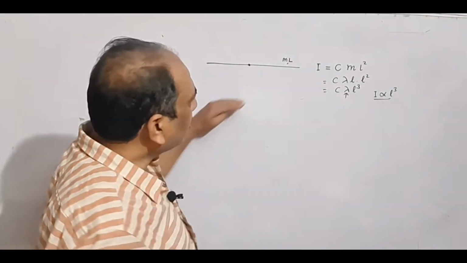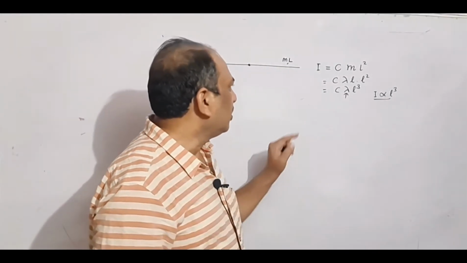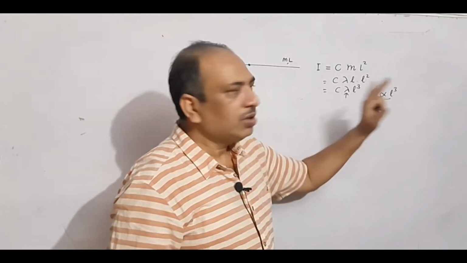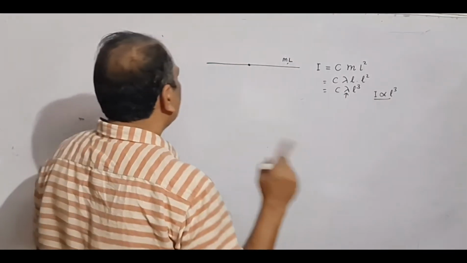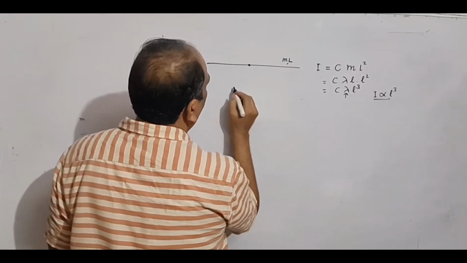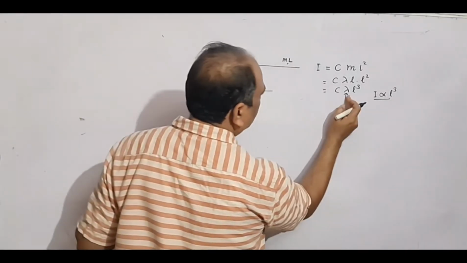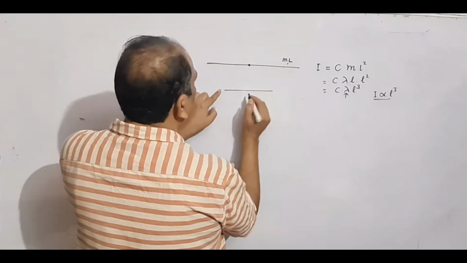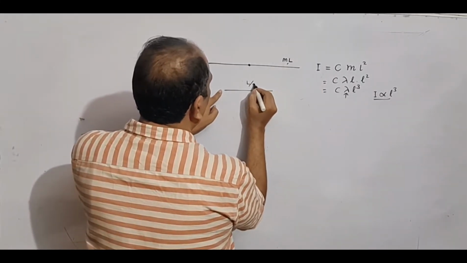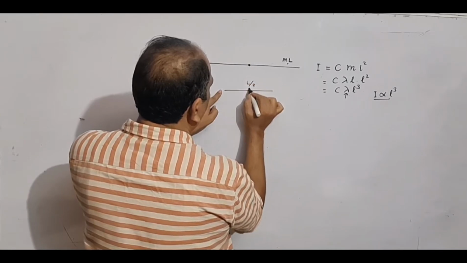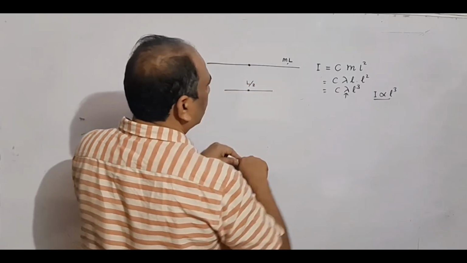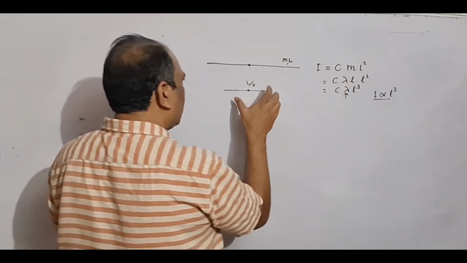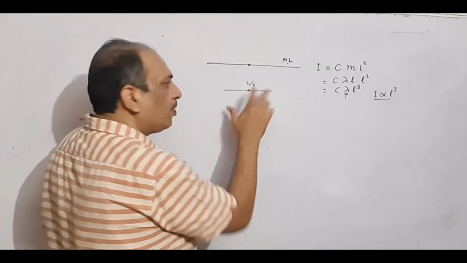So if we have many rods and they have the same lambda, then we can say moment of inertia is proportional to L cube. Now take another rod having the same lambda, but its length is half of the length of this rod, so it is L by 2, and suppose the axis again goes through its center, so that whatever formula is applicable here will be applicable to this rod as well.